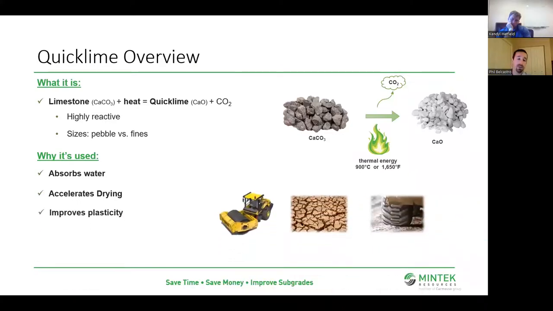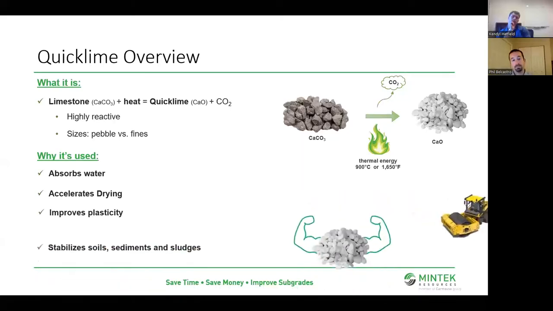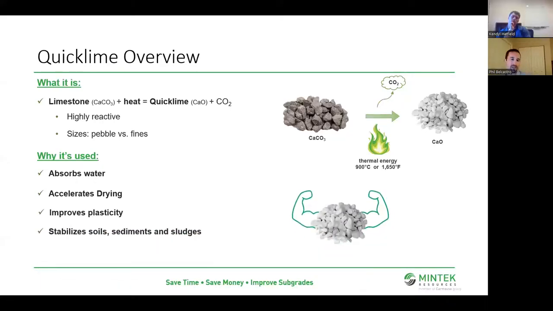We're going to improve those engineering properties of the soils. We're going to improve the plasticity. We're going to reduce, if not eliminate, the shrink swell potential, and really make for an overall improved bearing platform. If we add enough material to the soil, we can generate permanent long-term strength gains with some pozzolanic activity that we'll get into in a couple slides as well. So it's a really great product for that as well.